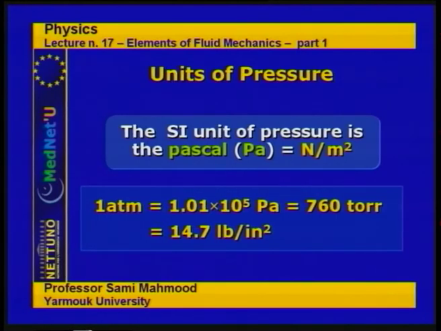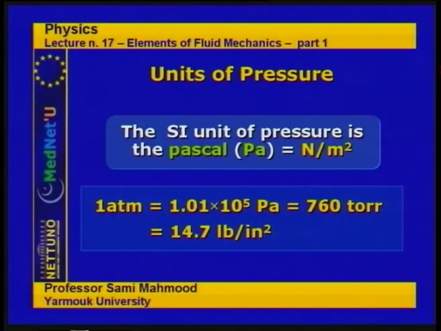And yet another unit is in terms of the British units, and that is given by pounds per inch square. Pound is the unit of force, which is the weight, since in the British system the weight is one of the basic quantities, not the mass.